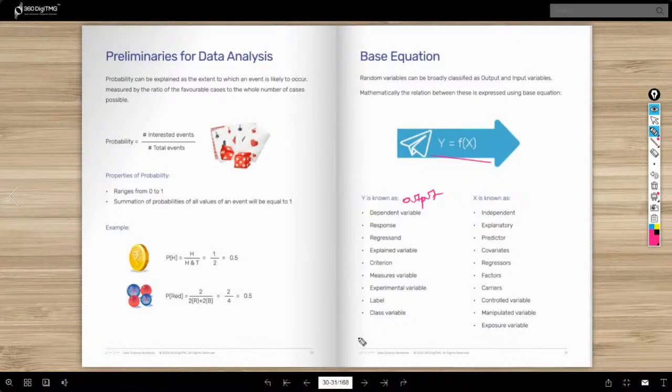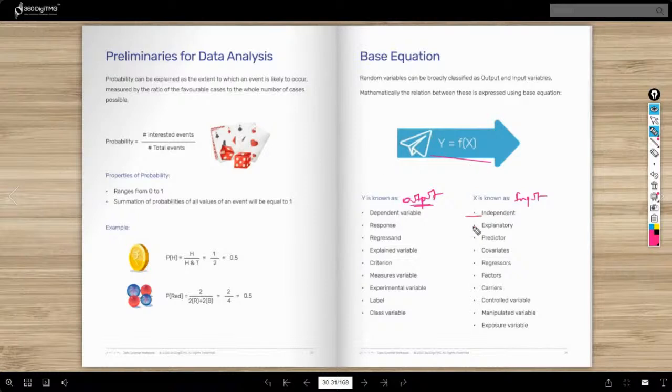All these are different names to your output variables. X is known as input. X is representing multiple input variables also, right?